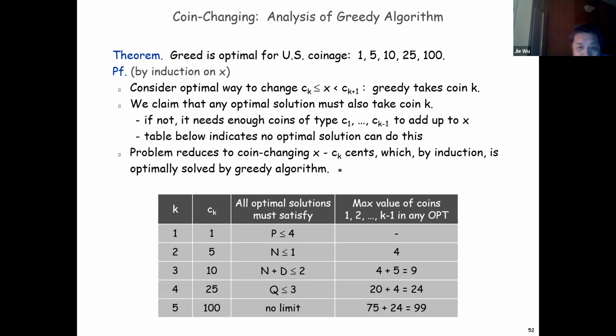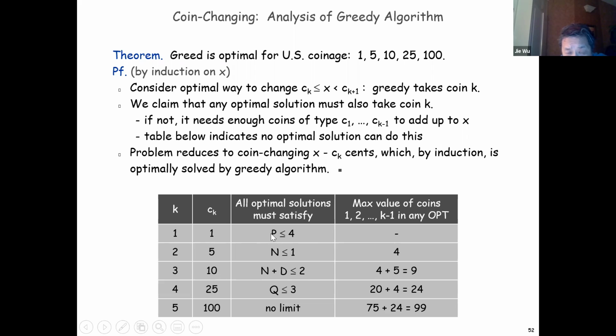Okay. So this is their argument. You have to pay attention to this one. So k in this case is 1, 2, 3, 4, 5. These are the ck, meaning the denominations, right? Penny, nickel, dime, quarter, and $1. This third column means all optimal solutions must satisfy this.